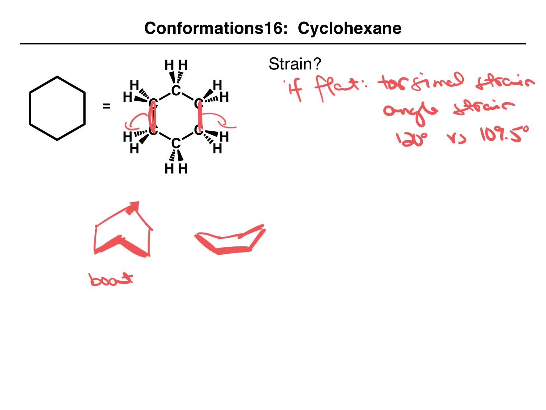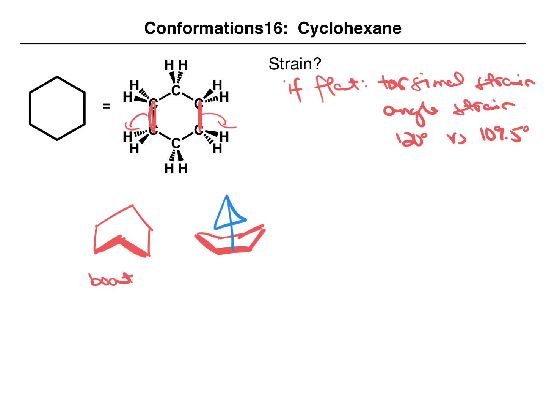Here's the front and the right, so left, front, right, and then these are in the back. And now, hopefully you can see that it takes on a boat shape, especially if we add a little sail. So now we have our little sailboat. So the boat conformation, we have less angle strain, but there is still some torsional strain.